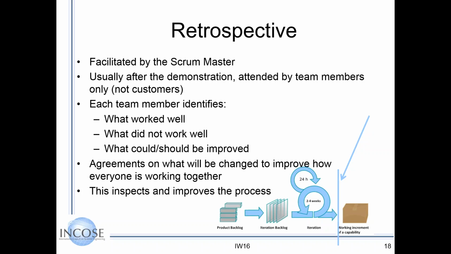After the demonstration, it's attended by the team, not customers, though they can sit in, and generally the team members identify what worked well and what could or should be improved. If you've got a huge list to improve, you look for the highest value thing to improve on, and you add that to your product backlog.